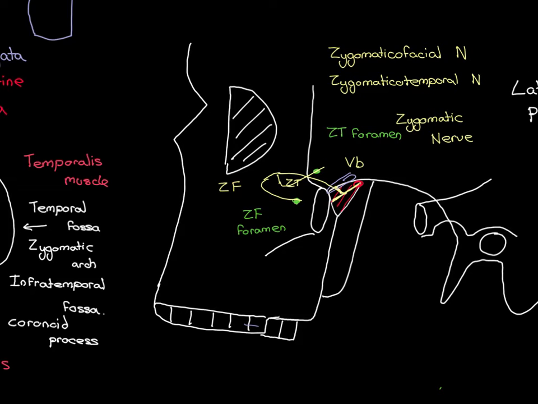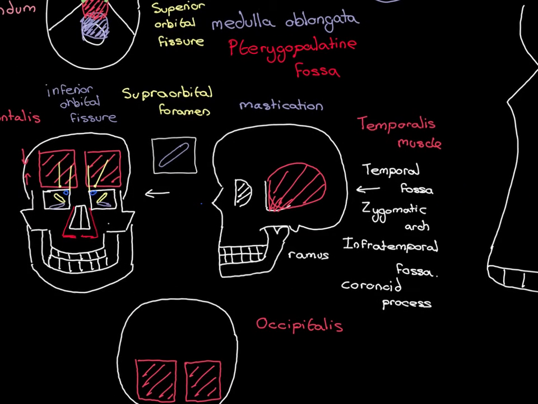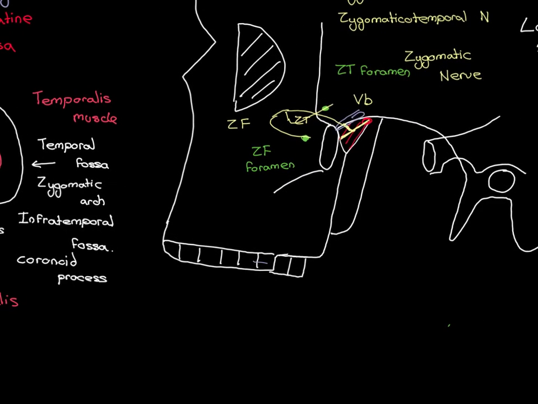It gives off the zygomaticofacial nerve and the zygomaticotemporal nerve. Both of these go through little holes that are in the lateral wall of the orbital cavity, and down here, basically, the wall of the orbital cavity that is made up by the zygomatic bone. They then go through the zygomatic bone in these special canals for them and come out in their respective foramens on the surface of the zygomatic bone.